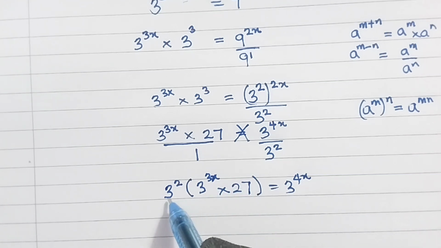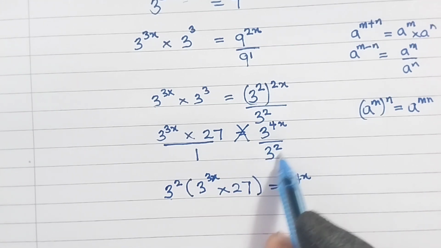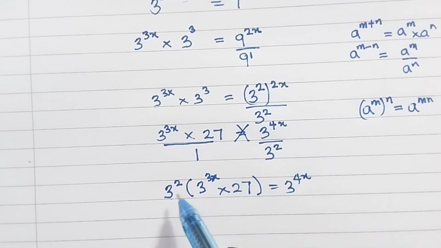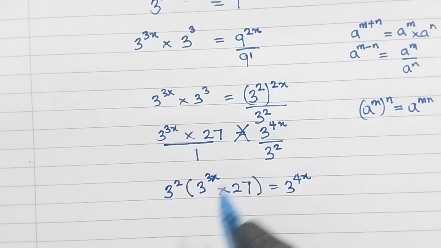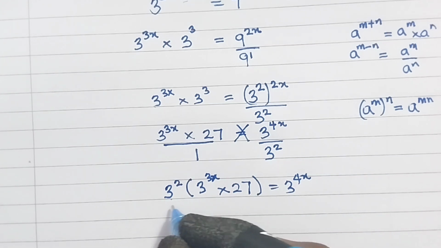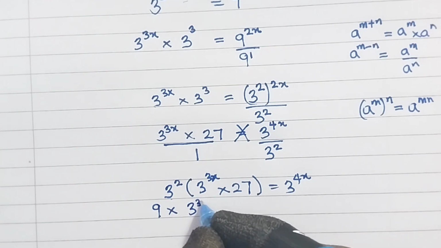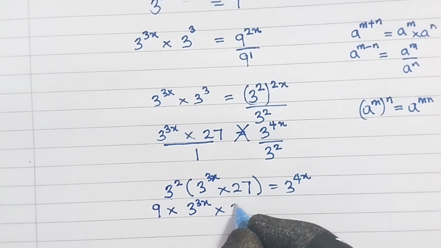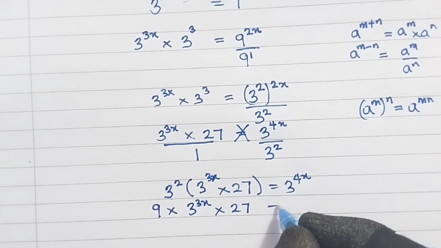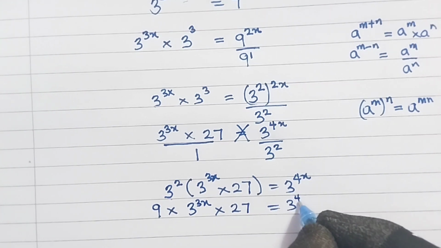Because this does not have power x, I'm just going to multiply it with this 27. So if I had written it as normal 9, it wouldn't still have affected my working. So this is the same thing as saying 9 times 3 raised to power 3x times 27 is equal to 3 raised to power 4x.